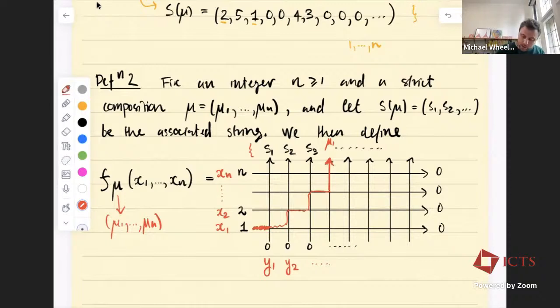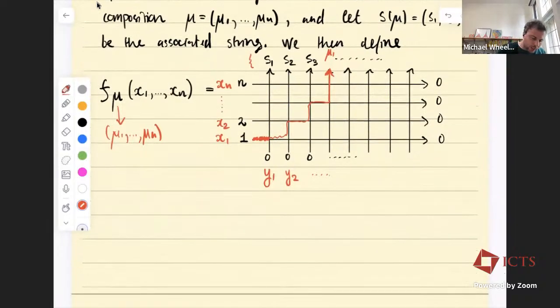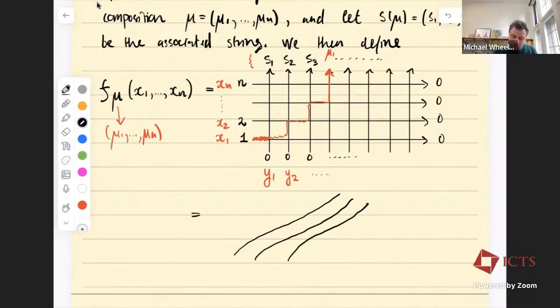Okay, so that's our first function. And just in case there's any confusion about whether you can really think of this thing as being a permutation graph, clearly I could have also just drawn it a little bit differently, something like this.